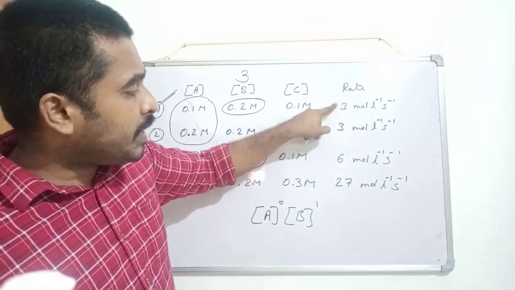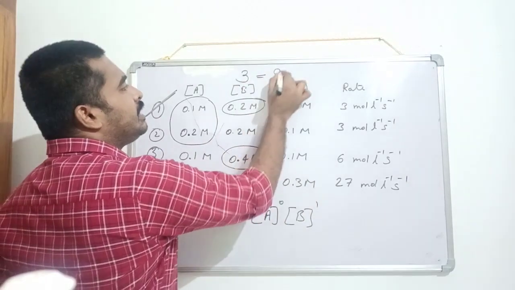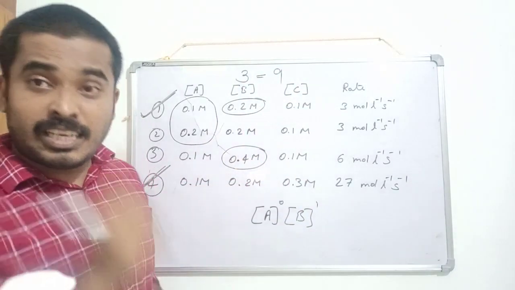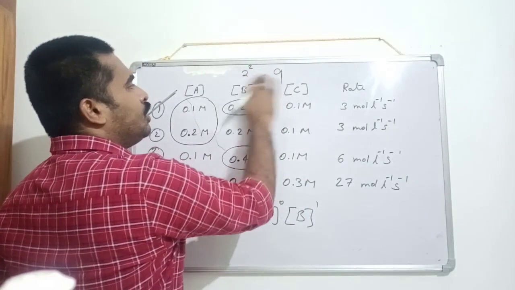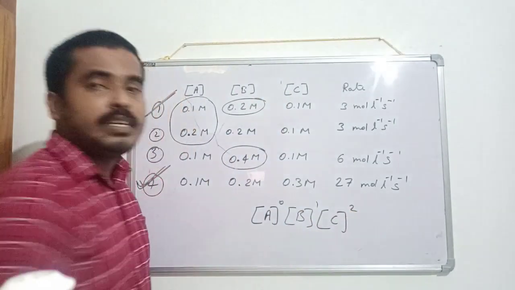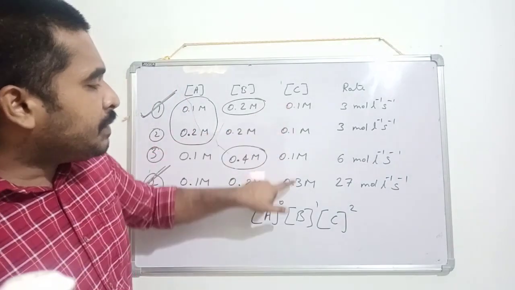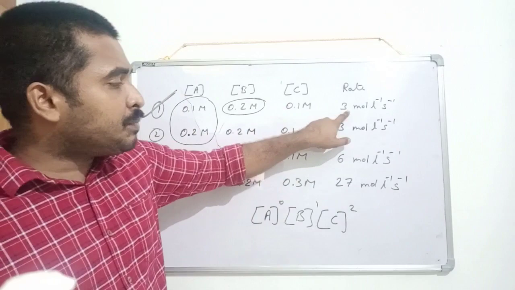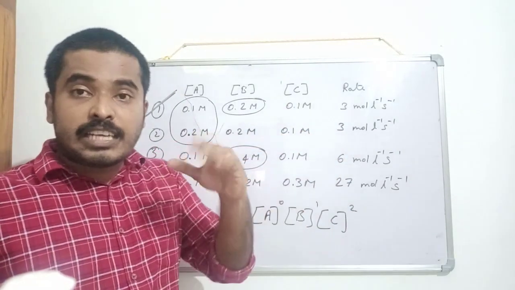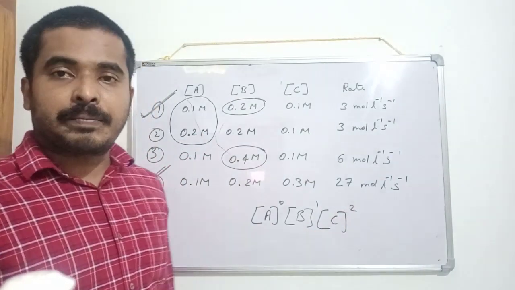Rate is increasing by 9 times. So what is the relation between 3 and 9? Is 3 equal to 9? No. 3 square equal to 9. So the power of C is square. Did you understand how I got it? Because this is becoming 3 times, rate is becoming 9 times. Square relation. So C is square.